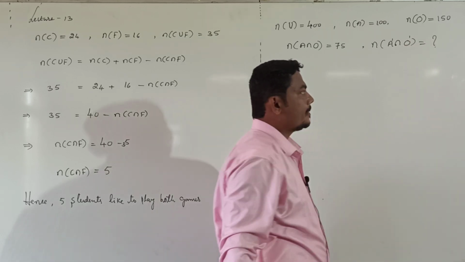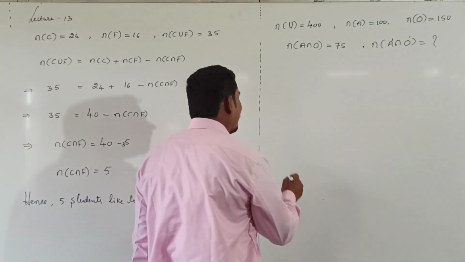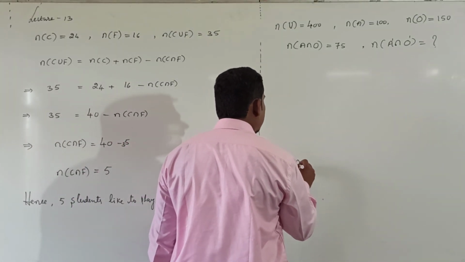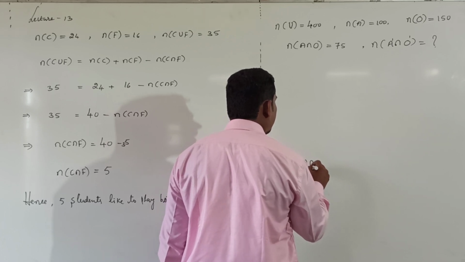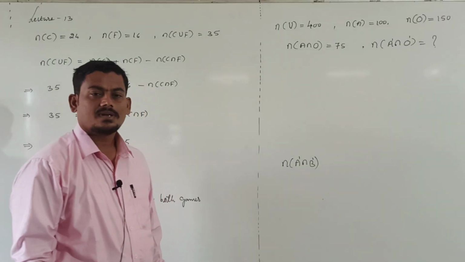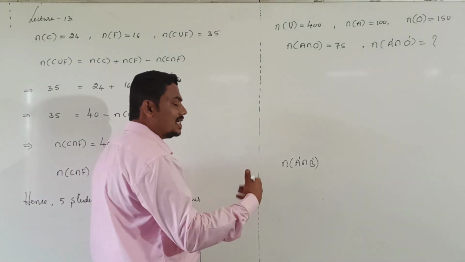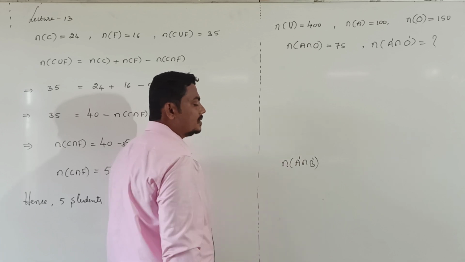This we need to find. Already we have a formula: A complement intersection B complement, neither A nor B.